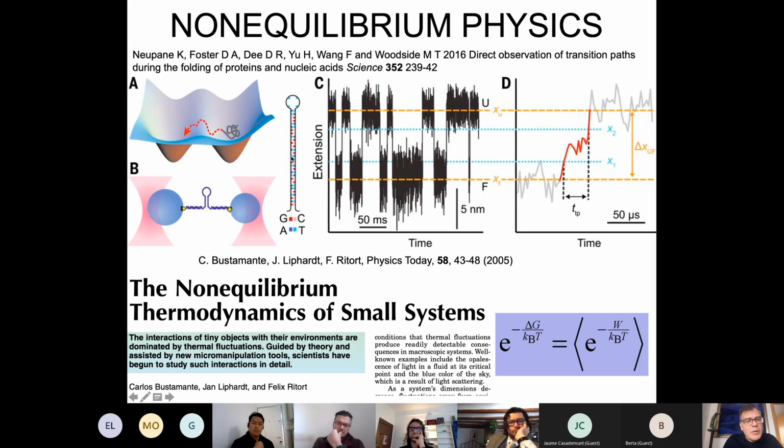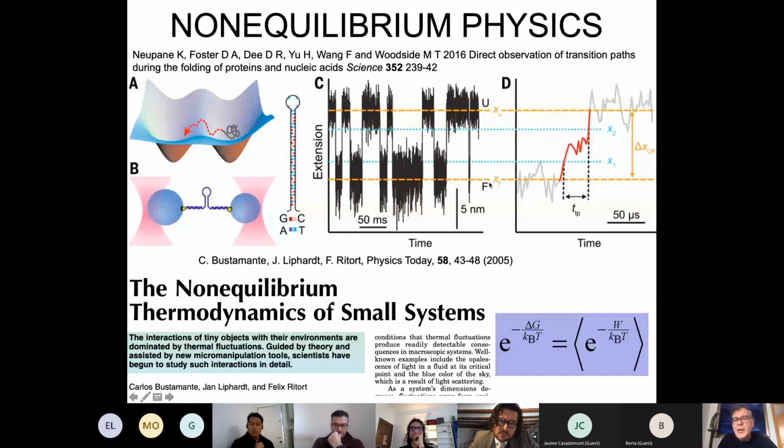Michael Woodside has been able to see how an individual molecule that can be folded and unfolded, which has 2 conformational states, jumps from one to another by jumping over a barrier. He has been able to see the diffusive motion across the barrier. So here you have what we call the reaction coordinate of this molecule, which is its molecular extension, which jumps between 2 values, between 2 levels.